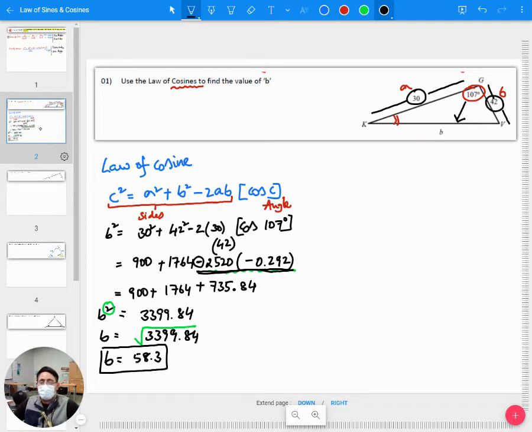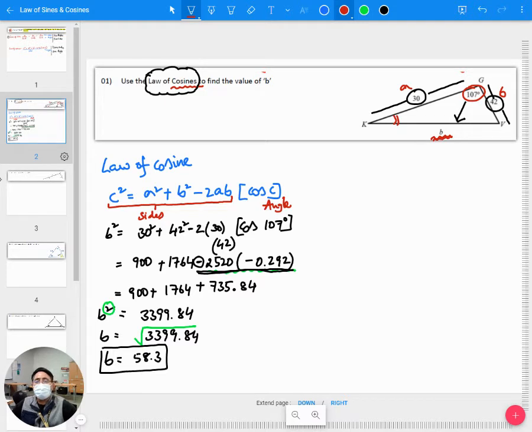Again, I am repeating from the beginning. In the question itself, it is clearly mentioned to use law of cosine. So we know what law of cosine is, and that is copied here. Then plug in the values. Please don't forget that c square, a square, b square all represent the sides. One of the sides is missing, labeled as b.